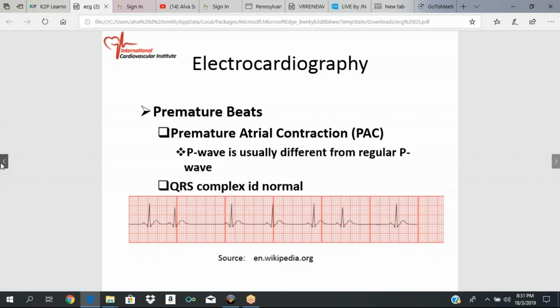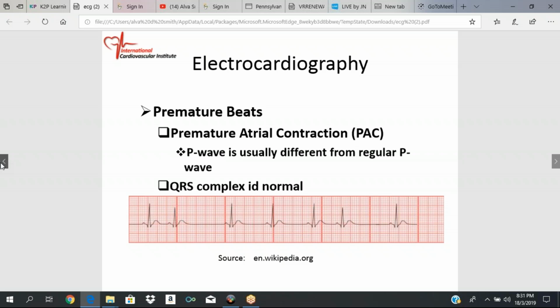So you remember the electrical activity of the heart fires in a regular rhythmic fashion. The heart is normally regular, but sometimes it can fire early and you get a beat that comes earlier than normal.